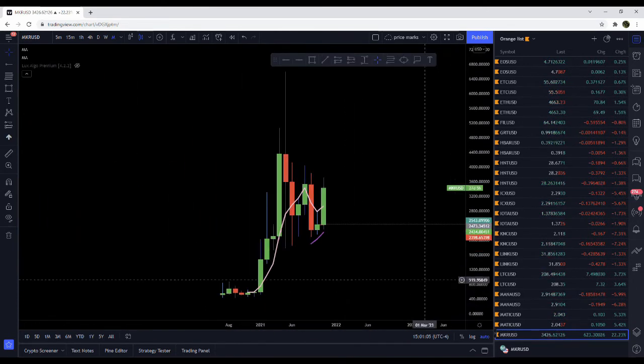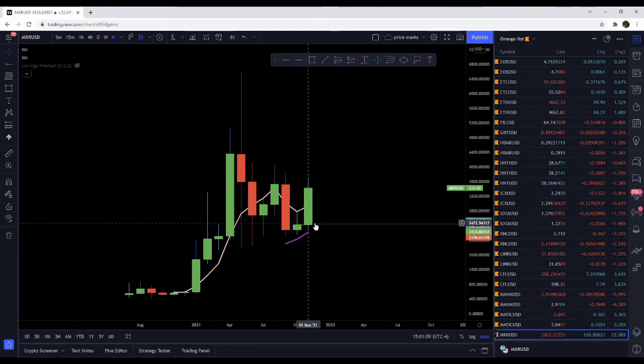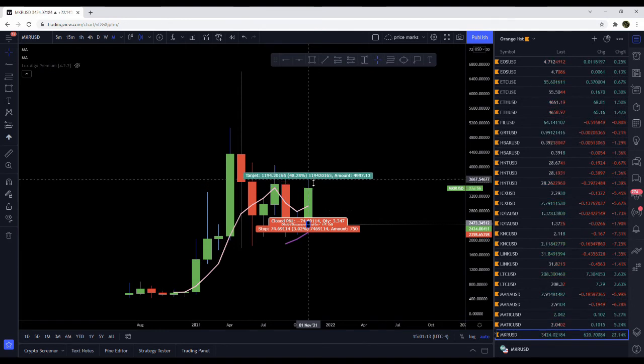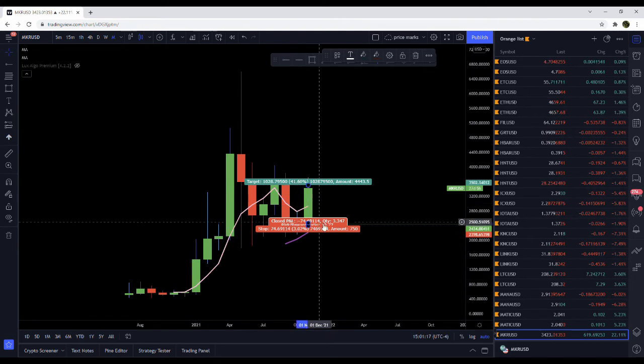because we're looking at the monthly candles here and here. So right to the top of there, 41%.